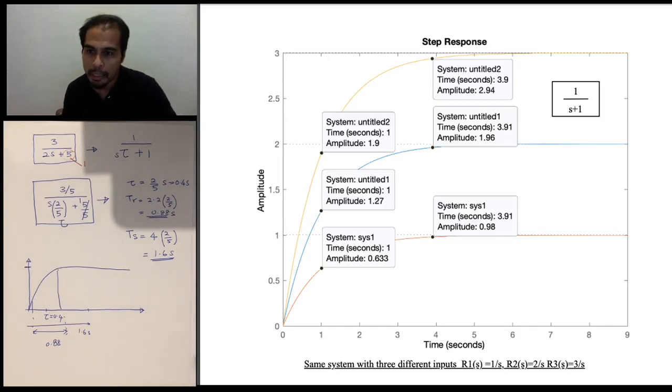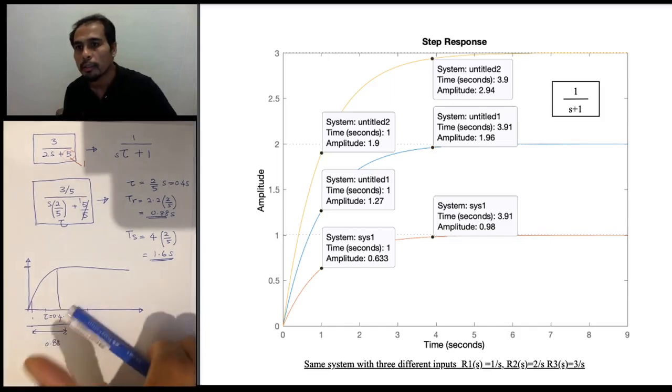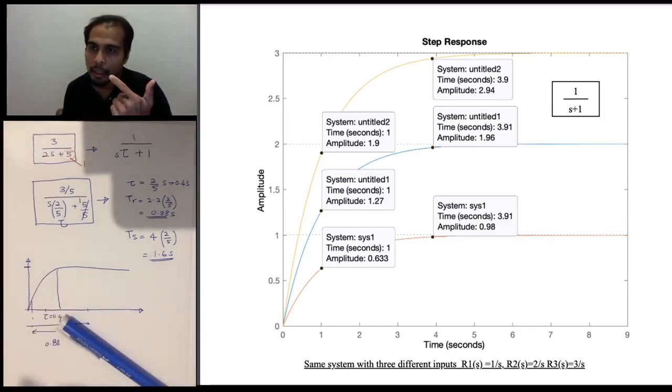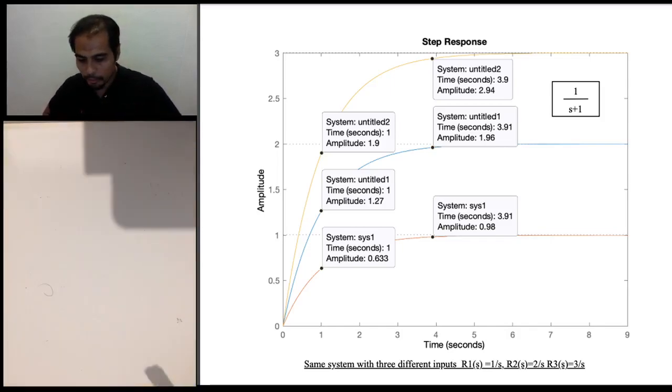And there are three parameters in a first order response, which are the time constant, rise time, and then settling time, right? So how do we calculate those parameters? I already showed you.